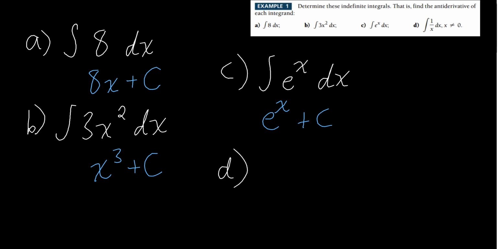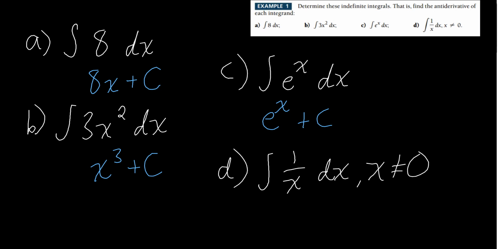D gets a little tricky because we're going to have to recall a function here in a minute. We have 1 over x dx, provided that x is not equal to 0. Where have we seen the derivative of something being 1 over x? Well, we remember that was the natural log.